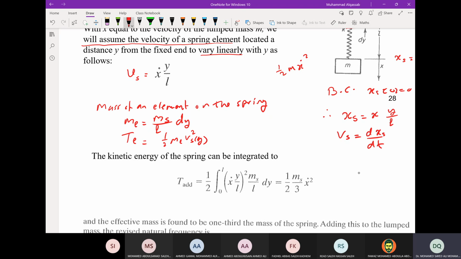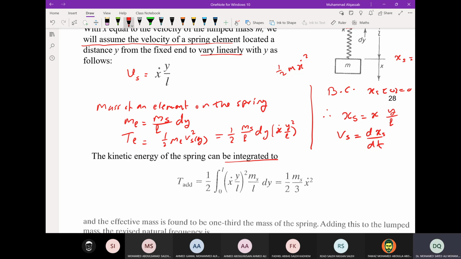But if you want the total kinetic energy of the spring, we have to do the integration of this part. If you substitute, we have 1/2 me, as mentioned, is ms over L times dy, times the velocity squared. Velocity squared is x dot y over L squared.